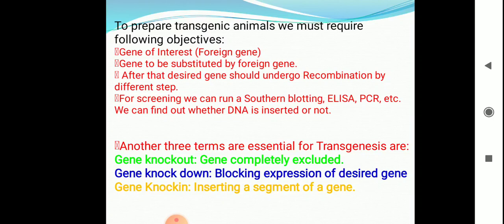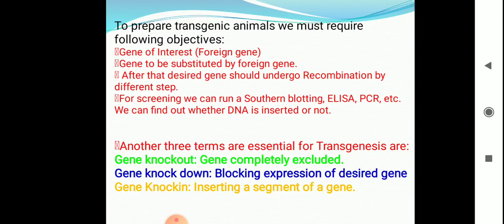Gene knockdown means blocking the expression of the desired gene. The gene will be there, but we block its expression, so it cannot synthesize the protein. Gene knock-in means inserting a segment of a gene, an additional gene. So this is one structural framework for transgenic animals.